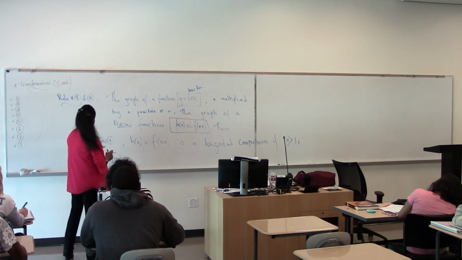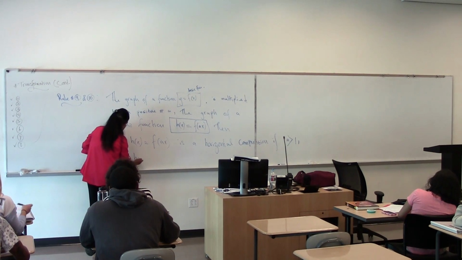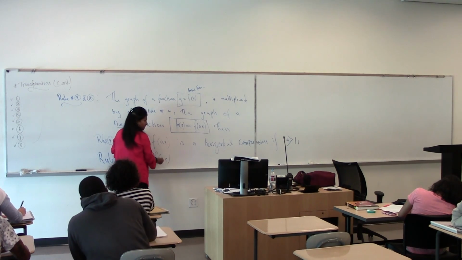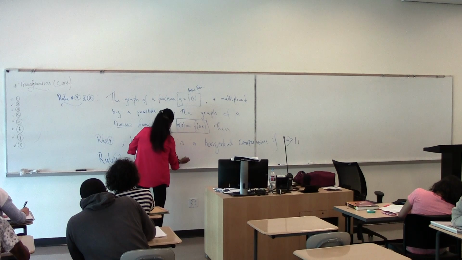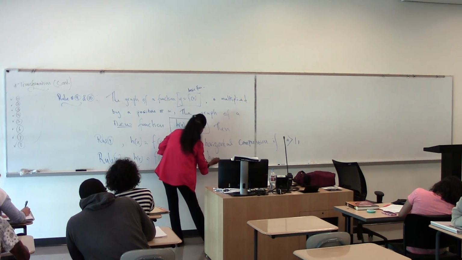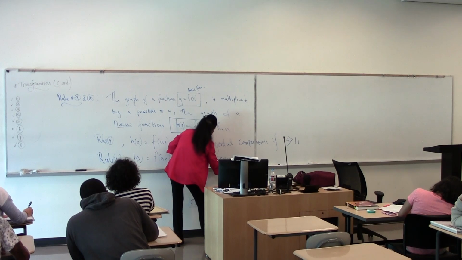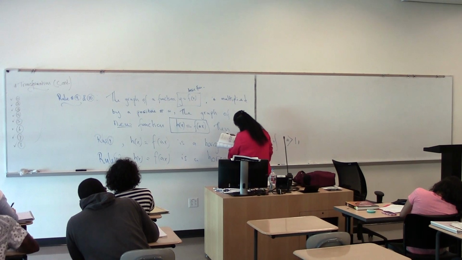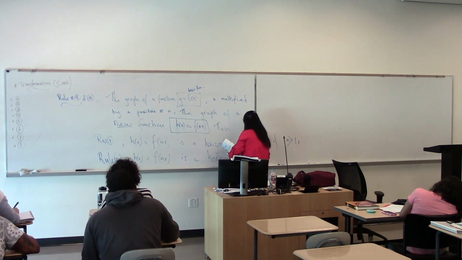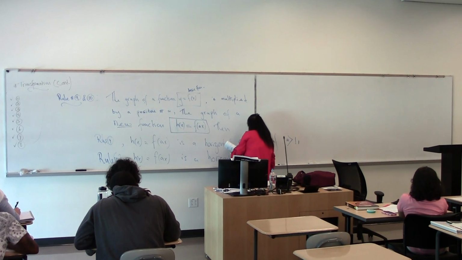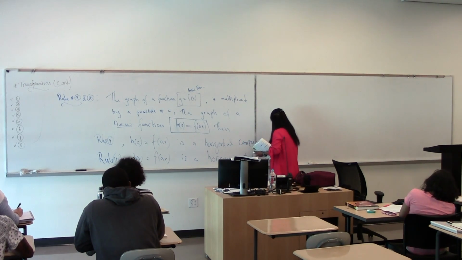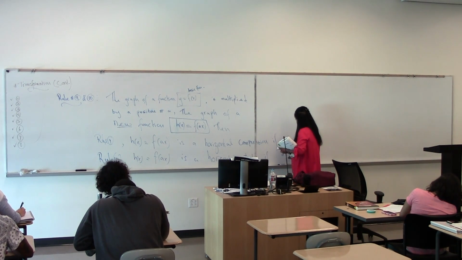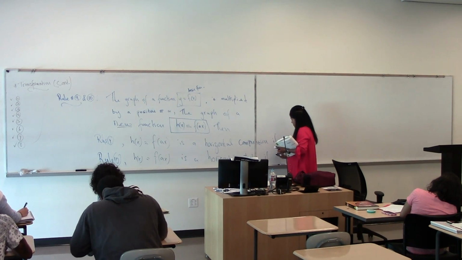And what's the rule number? h of x is equal to f of a x is a horizontal stretch if a is a fraction less than 1 and greater than 0.